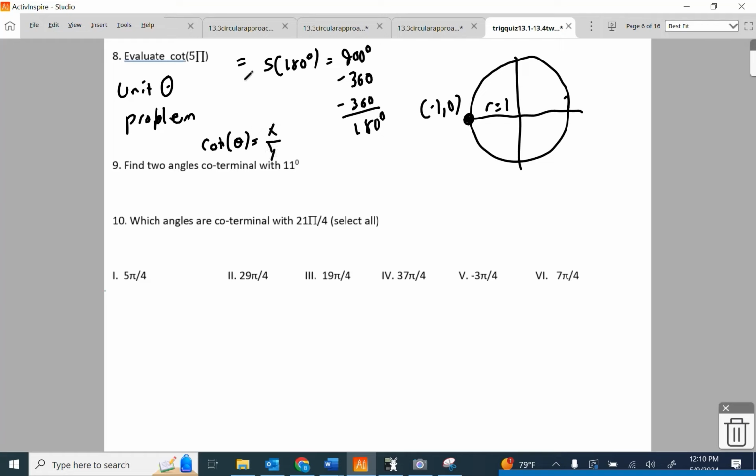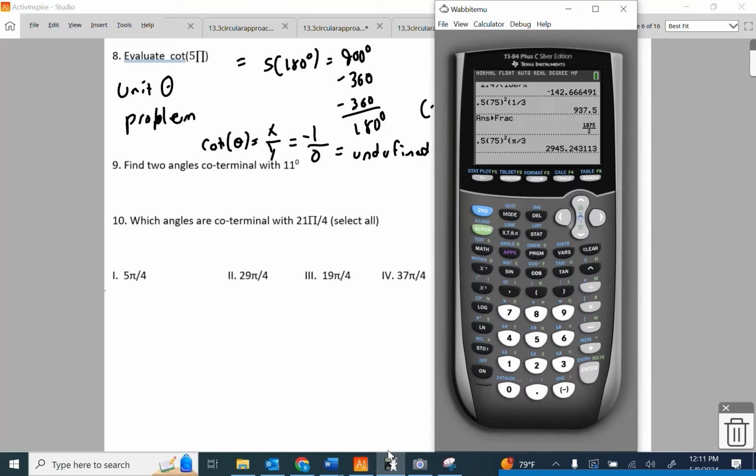That's all she is, x over y, which is -1 over 0, which is undefined. Now, very few of you will actually watch this video, but cotangent is the reciprocal of tangent. This would be like doing 1 divided by the tangent of 900. Error, divide by 0, because it's undefined.